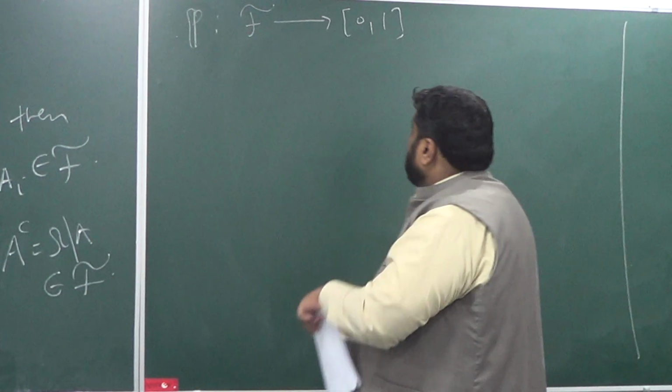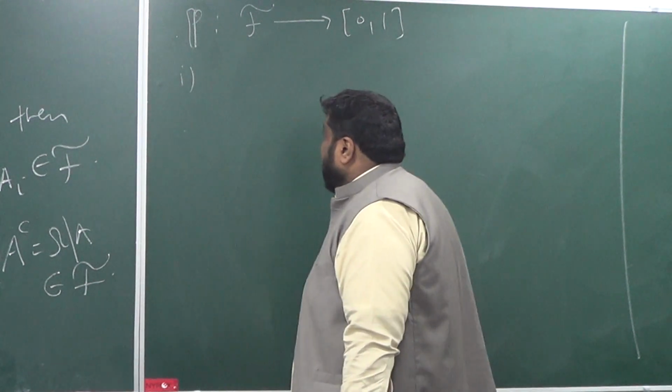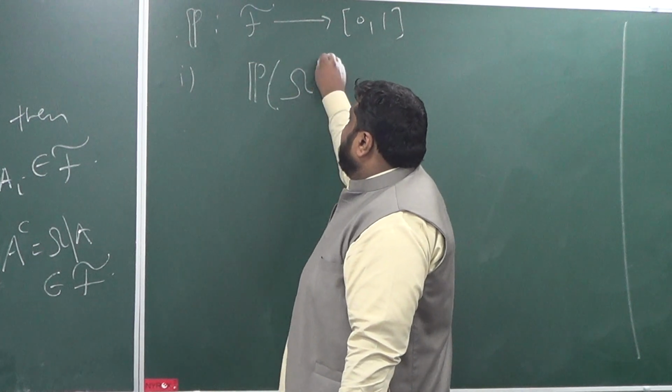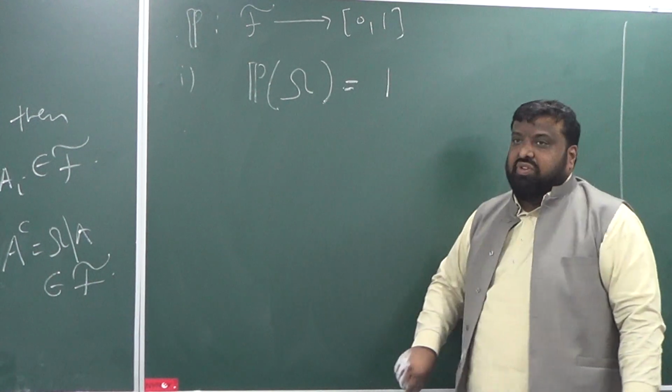So P is a kind of map. If you feed the sample space into it, it's going to give you one.